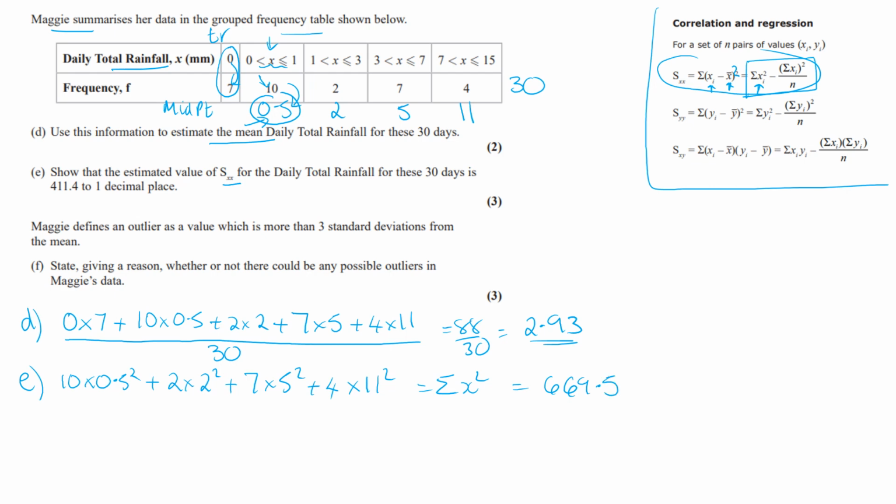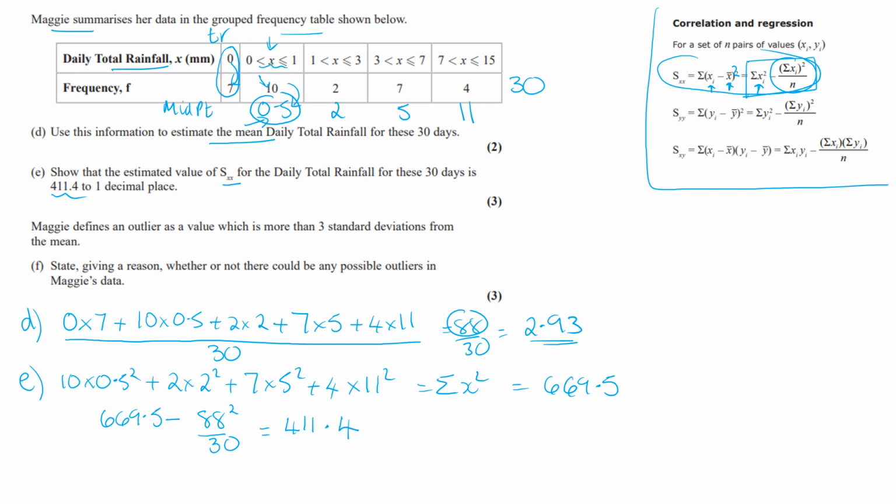And then for the rest of the calculation, we need to do 669.5 take away, and this bit here is the sum of the x's all squared. Well, the sum of the x's was our 88, so it's 88 squared over 30, and that on your calculator does come to 411.4.